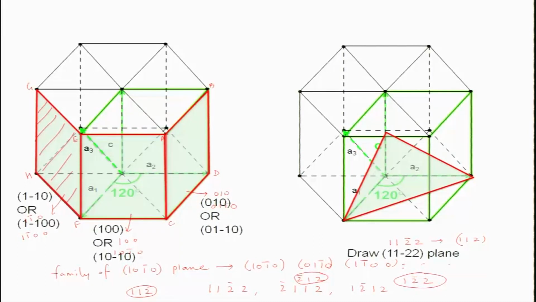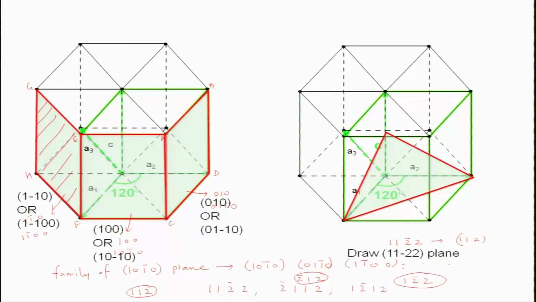So (1 2 1 bar 2 2), (bar 2 1 2), and (1 1 2) can all be represented by (1 1 bar 2 2), (bar 2 1 1 2), (1 bar 2 1 2), and so on and so forth, okay. So this is not only true about this plane, but about the other planes as well.